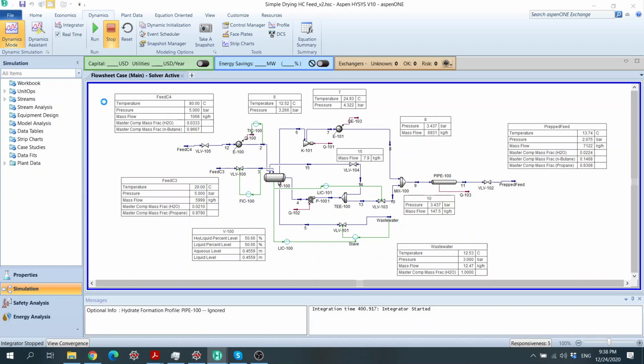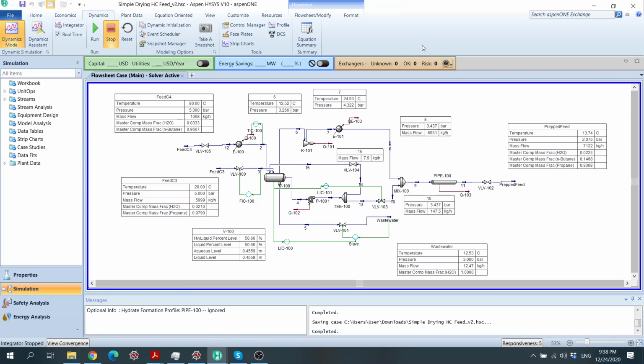Last time you asked me so that we can discuss how to design a PSV.